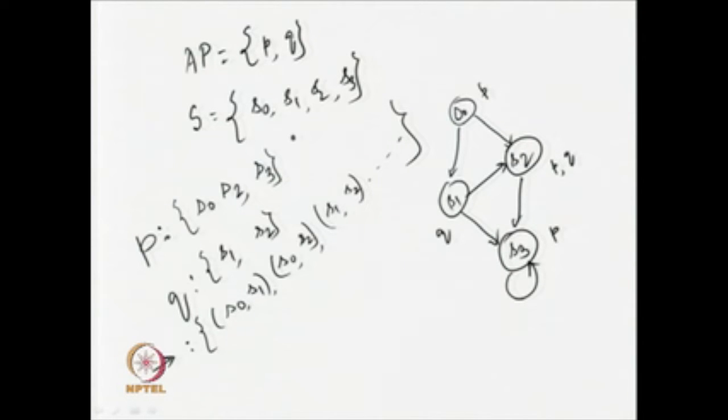This subset can be represented with the help of BDDs. I can say that this is the BDD representation of those states where the atomic proposition P is true. Now, I can represent the other set with the help of another BDD. I can say this is the BDD BQ, which represents the set of states where the atomic proposition Q is true.